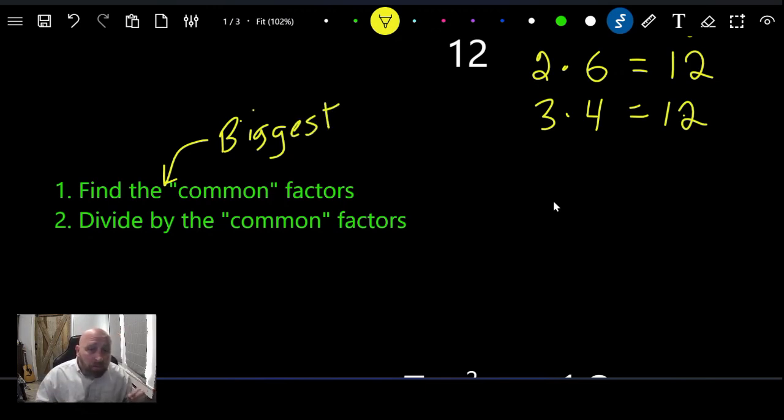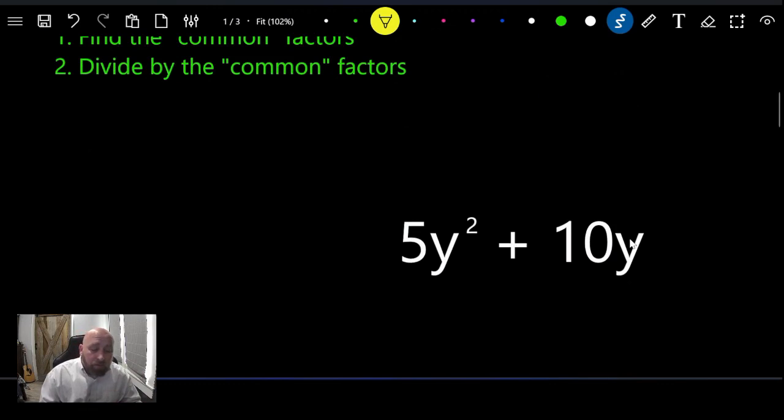That's what we're looking for: the biggest one that is found in both of our numbers, okay? So we'll start with the numbers, and we'll say, okay, what number goes into both 5 and 10? Well, most of you already know the answer. Come on, pick me, right? You already got your hand raised, I know. But I'm going to take this slow.